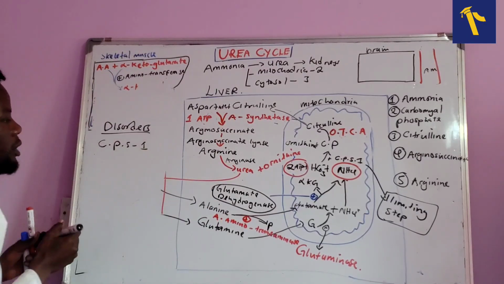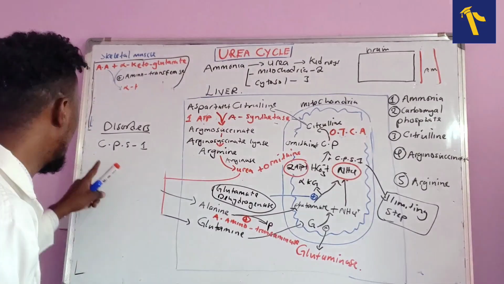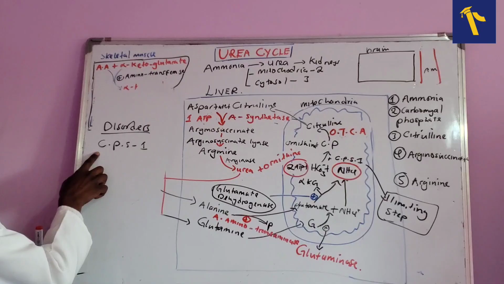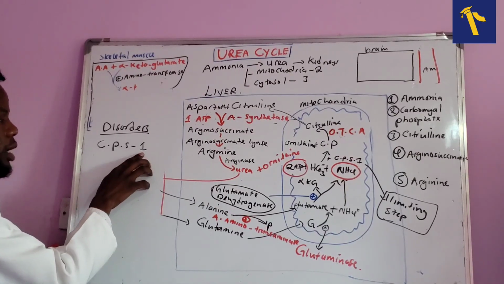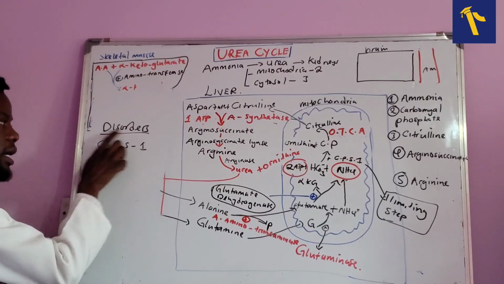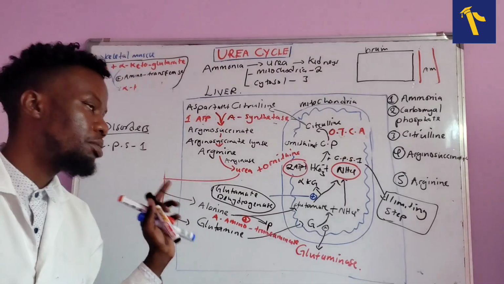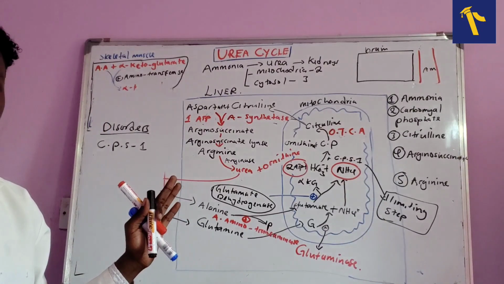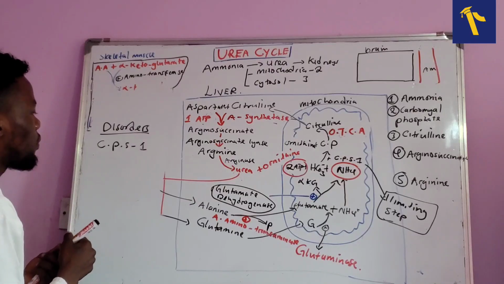CPS1. Okay, CPS1, who can remember that? Can you remember that one? CPS, that is carbamoyl phosphate synthetase type 1. Okay, but there are some disorders where you are going to have deficiency of this CPS1 enzyme. And if you have deficiency of CPS1, basically you are going to have what?